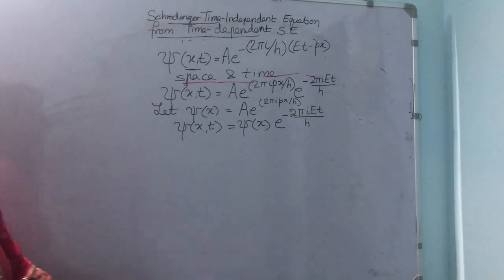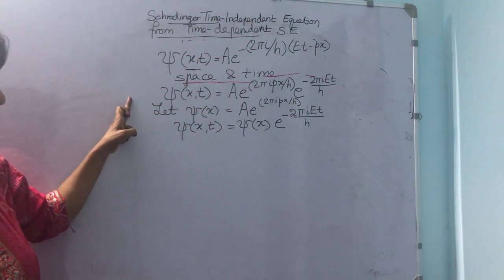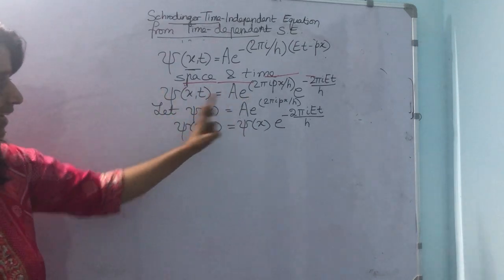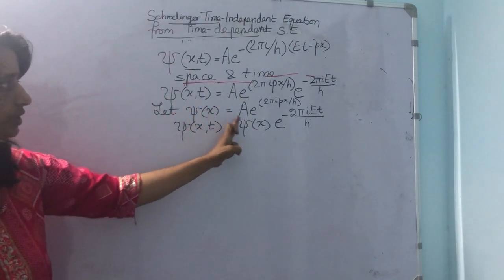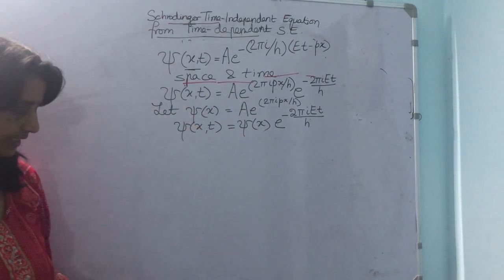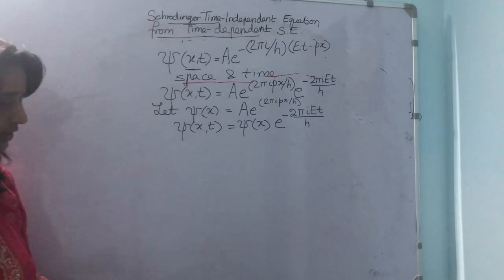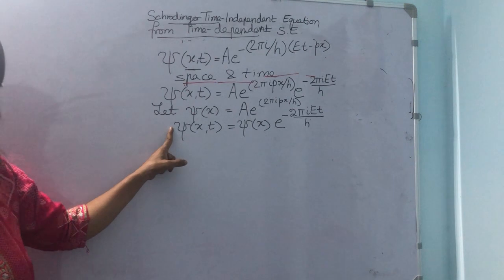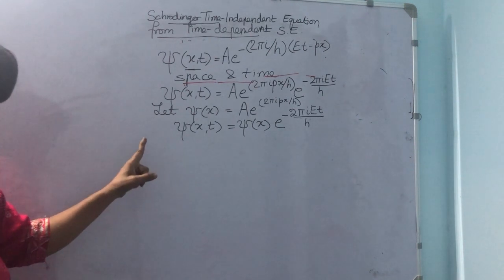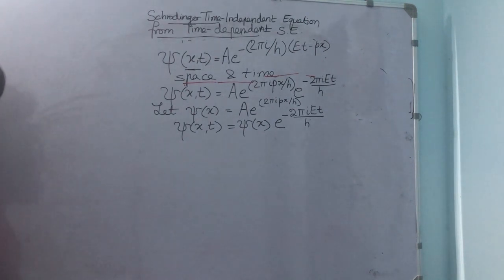We have just written the wave equation, split into space and time coordinates. Next we will differentiate this expression twice with respect to x and once with respect to t. After finding those values, we will put them in the Schrödinger equation and we will get the answer.